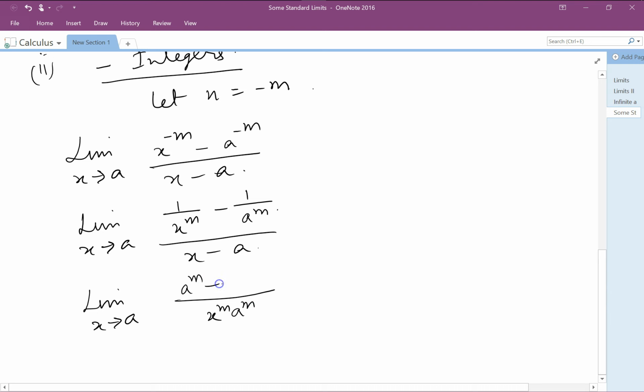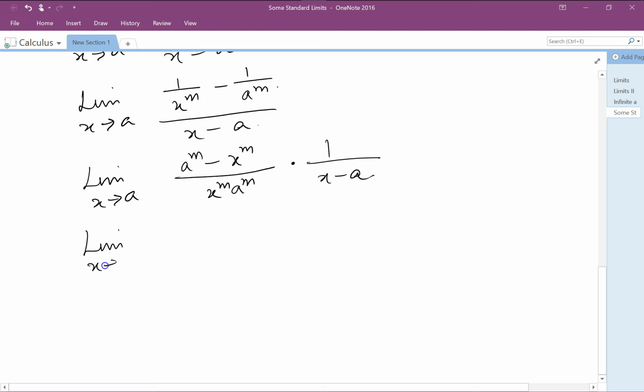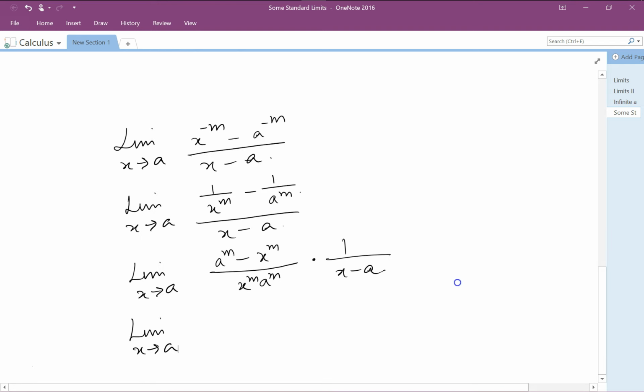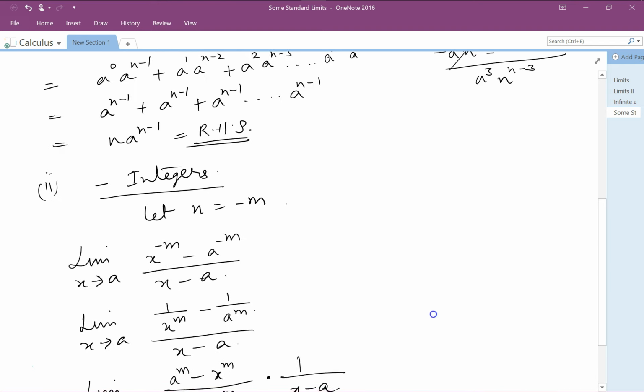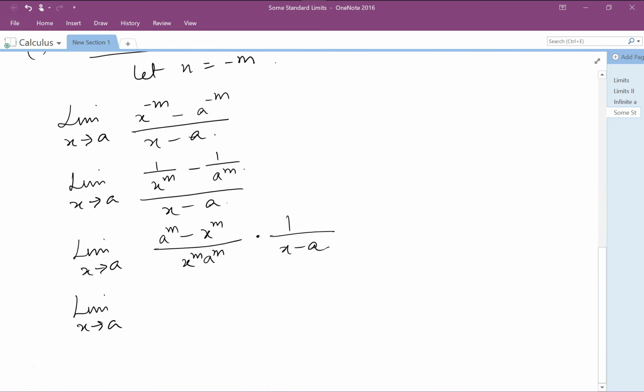So (a to the power of m minus x to the power of m) multiplied by 1 by (x minus a). Now let's see, what we want is x to the power of m as positive and a to the power of m as negative. Here it has got reversed. So how do we unreverse it?